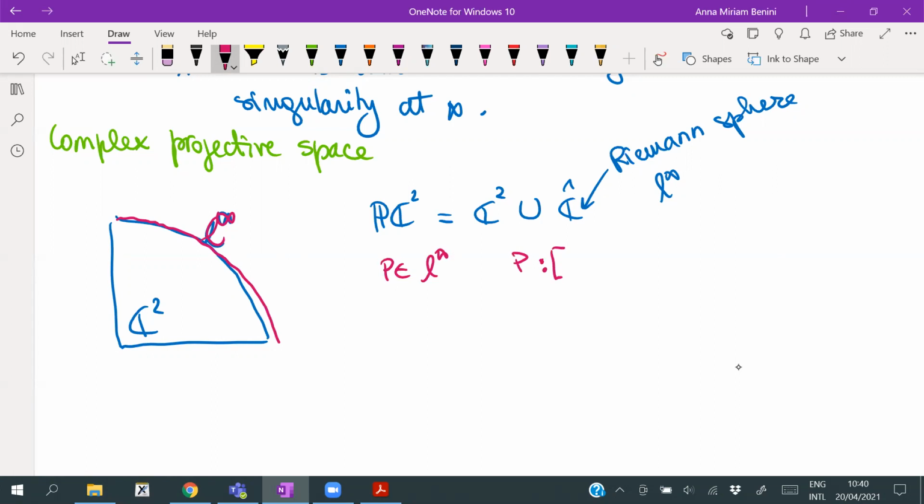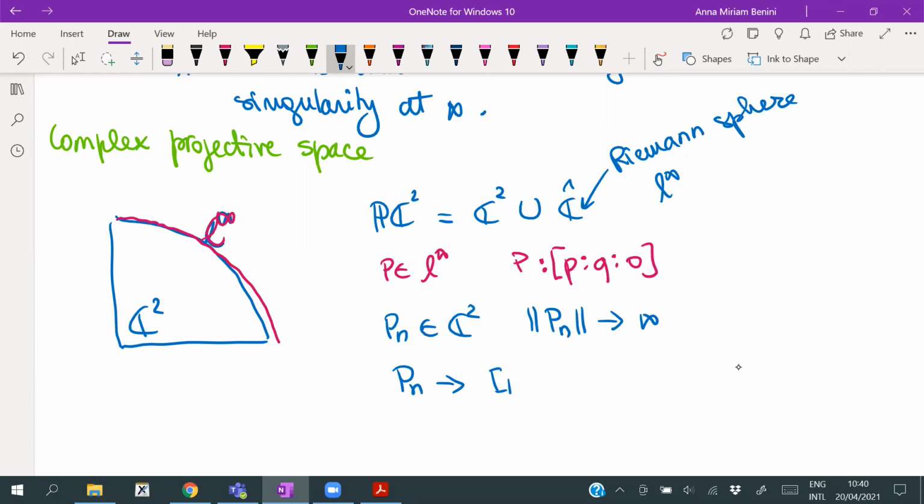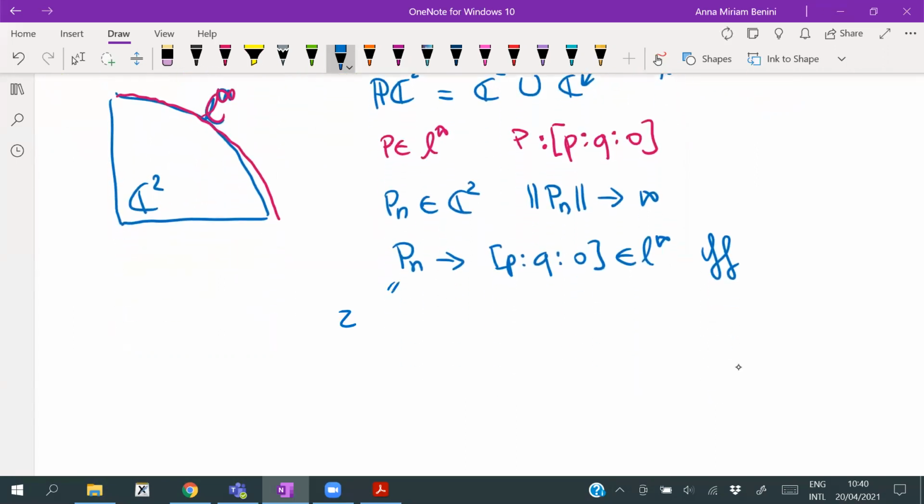This is the complex projective notation, P, Q, 0, and that a sequence of points Pn in C2, whose norm goes to infinity, is said to converge to a point P, Q, 0 in the line at infinity, if and only if the ratio of its coordinates converges to P over Q. So this is the point Zn, Wn. This is an honest point in C2, and it's this sequence of points.